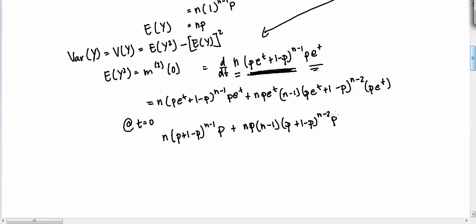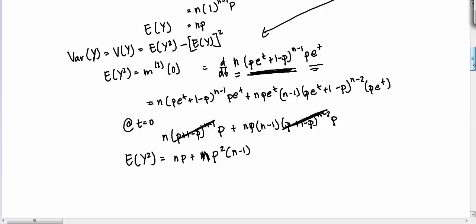These guys are just equal to 1. So I have np plus np squared times (n-1). Cool. And this is my E[Y^2].